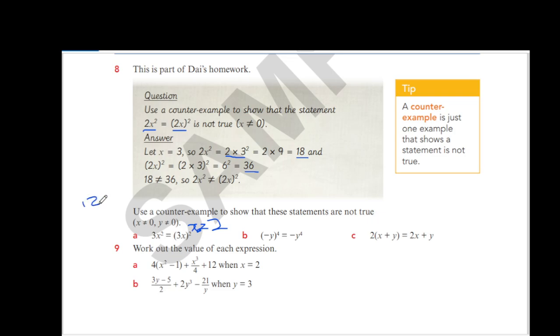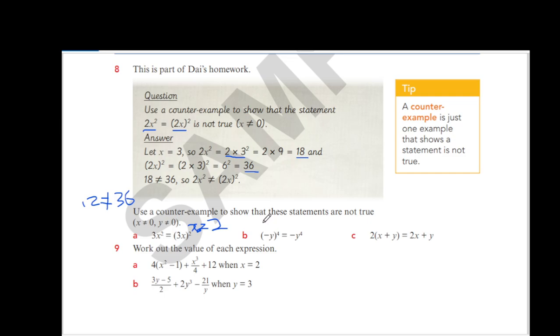So the left side is 12, and 2 into 3 will be 6, 6 square is 36. So 12 is not equal to 36. So he is correct in this expression. And now expression B.